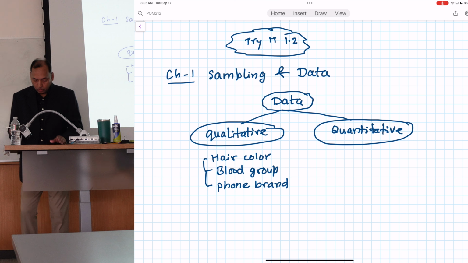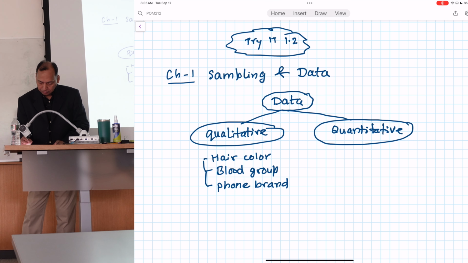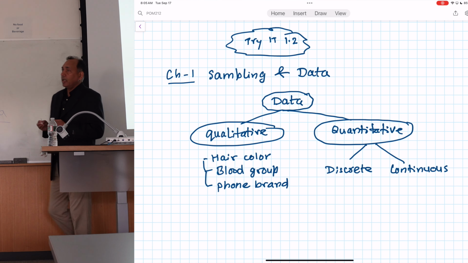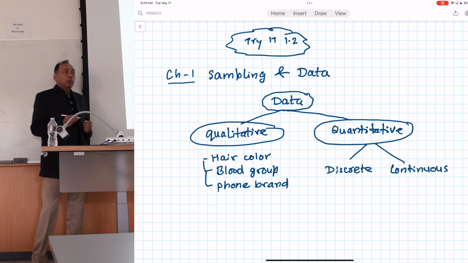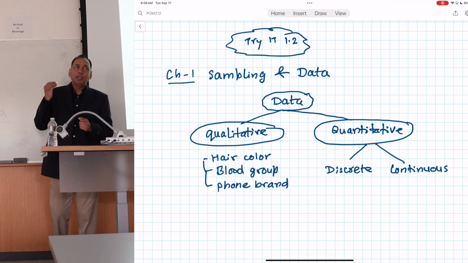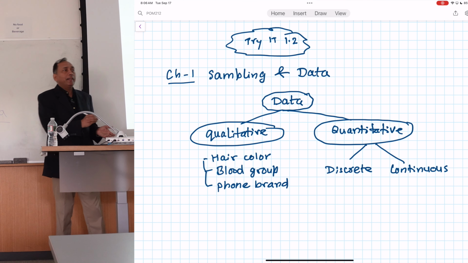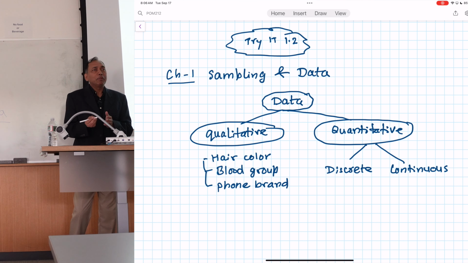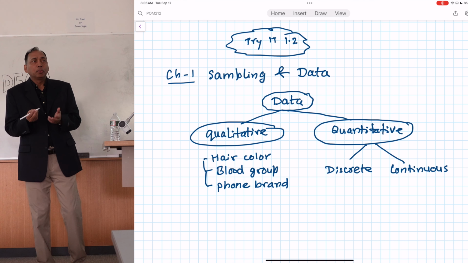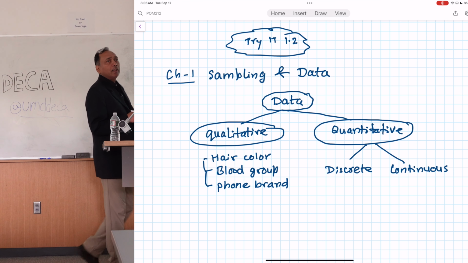Quantitative data could be of two types: discrete or continuous. Discrete data is something you can count. For example, how many customers walked into, let's say, Target between 8 a.m. and 9 a.m. If somebody is collecting that data, they will get numbers like 0, 1, 2, 3.